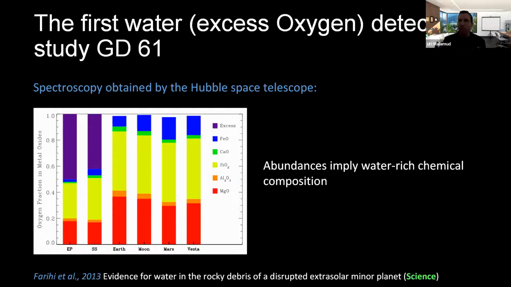So this excess oxygen can only come from one place, water. Water is H2O. There is a lot of O inside water. And of course, if you accrete water-bearing objects, then you get this excess of oxygen. And this is the current explanation.